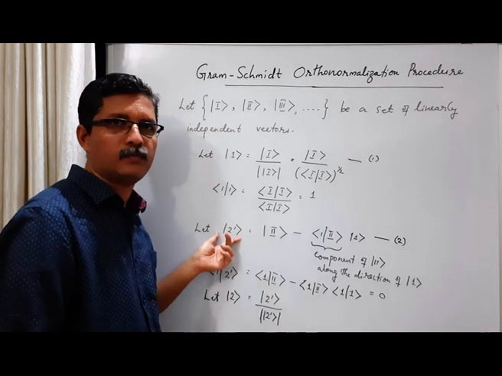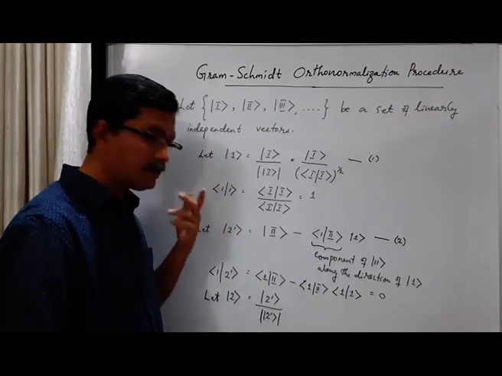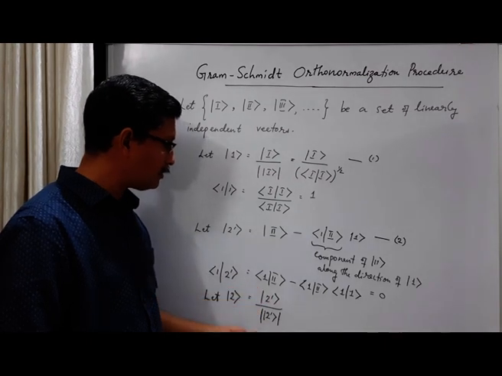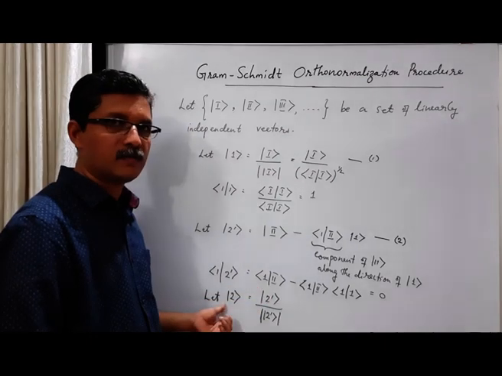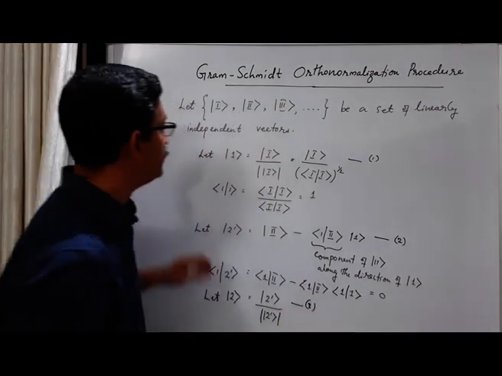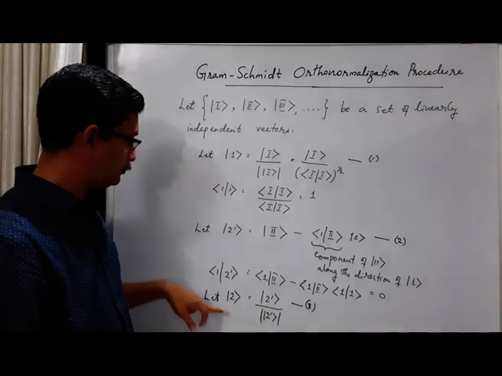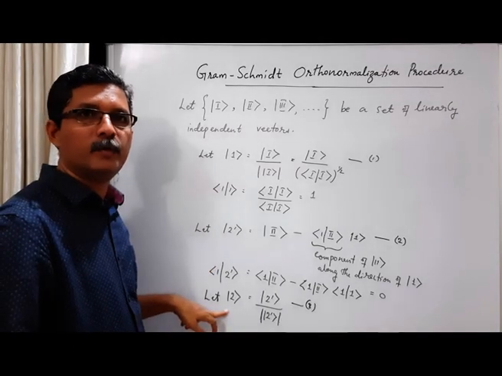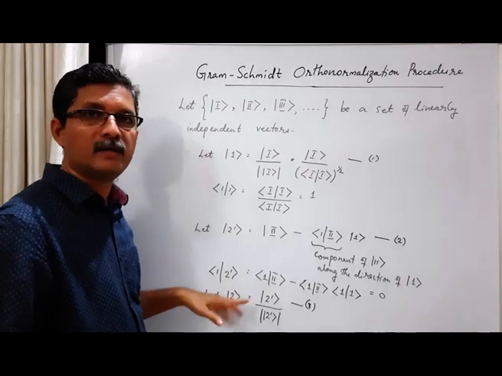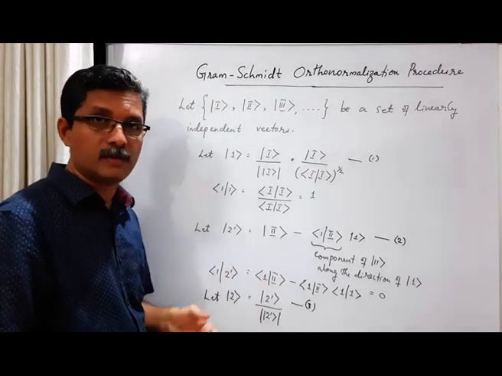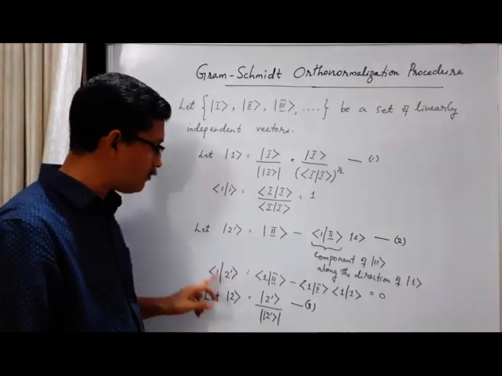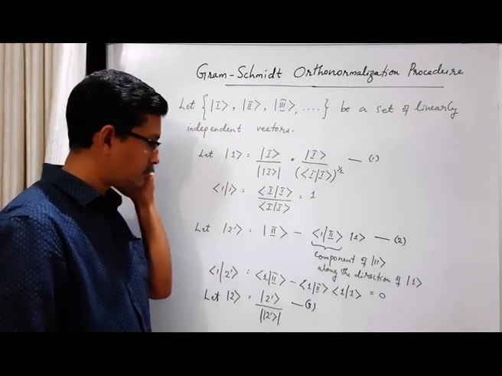Take the inner product of the vector with itself and take the square root, then you get the modulus. Then divide |2'⟩ by its modulus, you get the normalized vector. So this is 3. Now |1⟩ and |2⟩ are mutually orthonormal. Each of them is normalized and they are orthogonal to each other. Clearly, if |2'⟩ and |1⟩ are orthogonal, then |2⟩ and |1⟩ are orthogonal, no doubt.